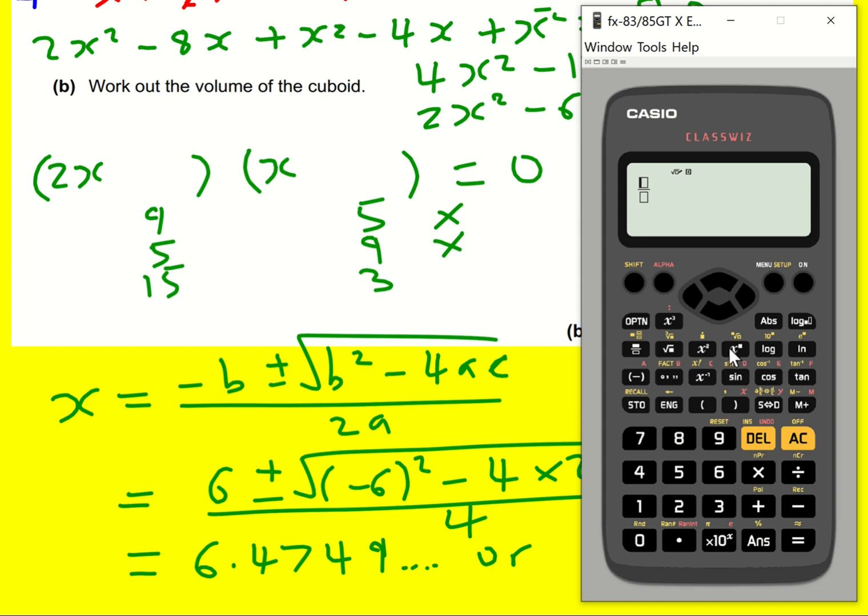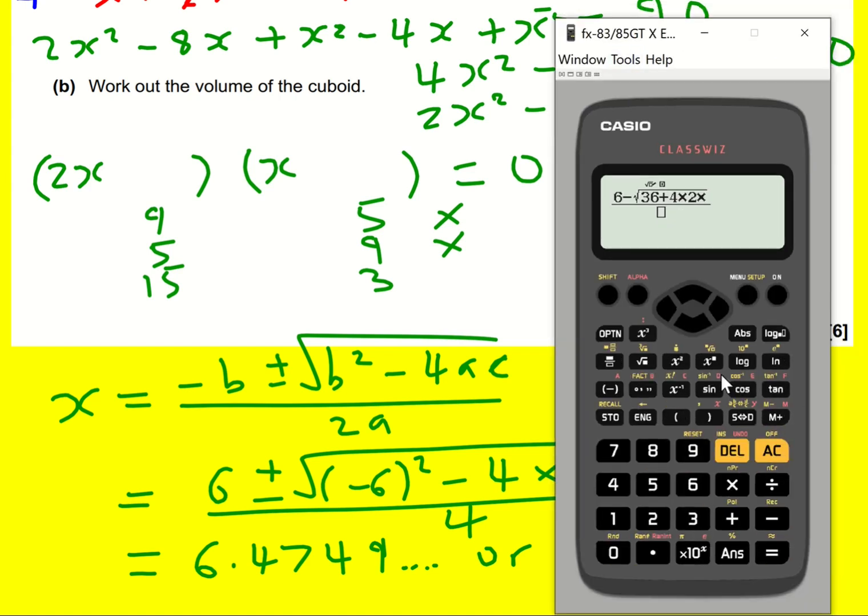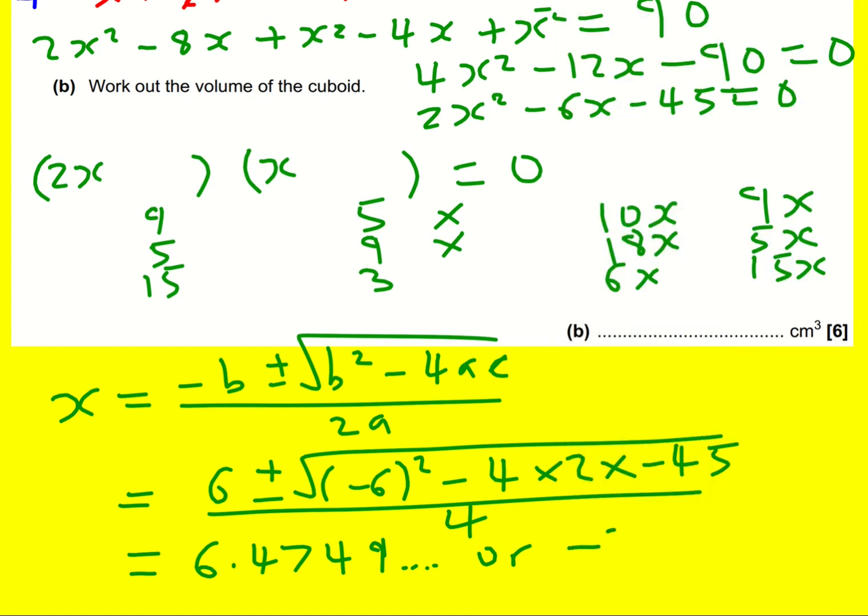Fraction, the same thing again, but this time the minus. 6 minus the square root of 36 plus 4 times 2 times 45, divided by 4 equals minus 3.47, etc. I'm going to reject this one because I'm only interested in positive values of x because it's a cuboid.